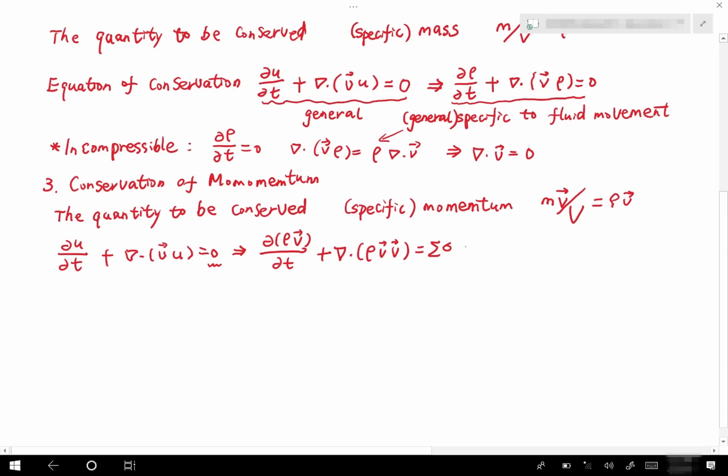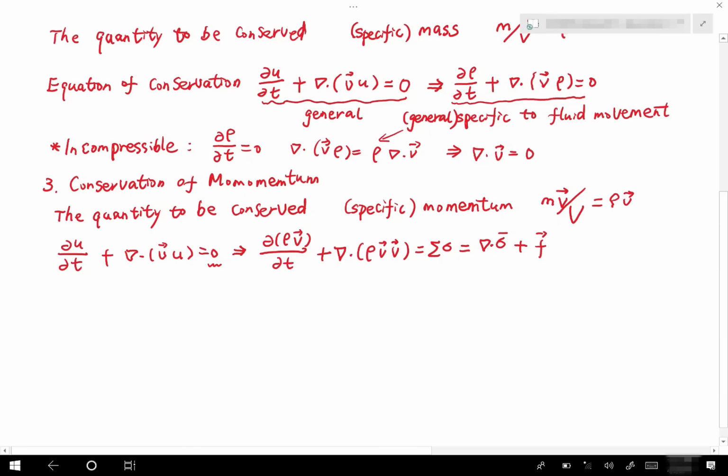So we will have stress. And in our case, we have F. This is the body force. Let's write down F as a final term. And we also have the divergence of sigma.